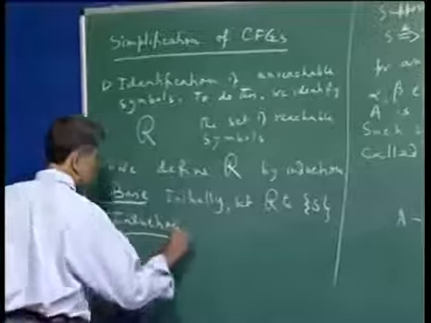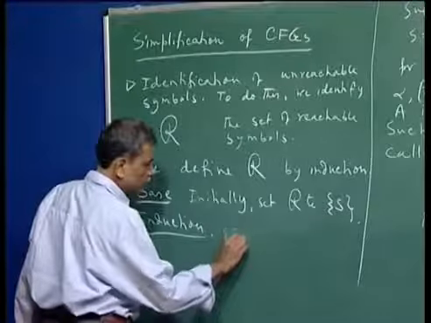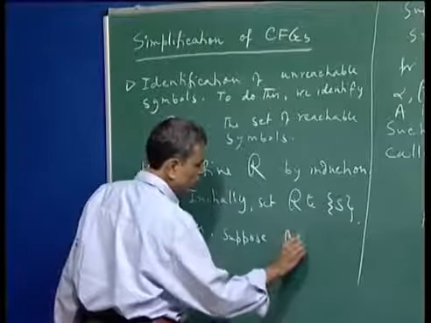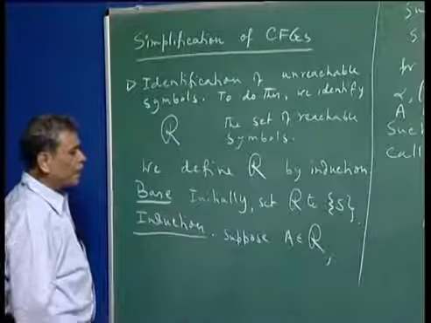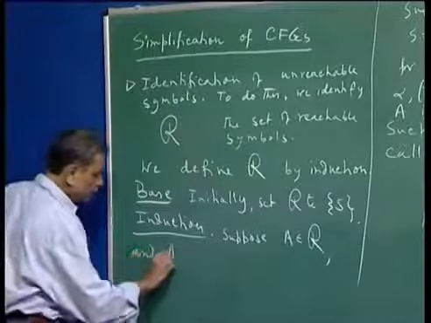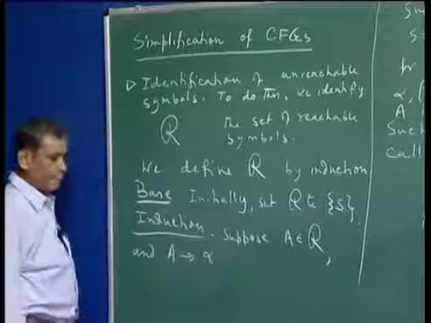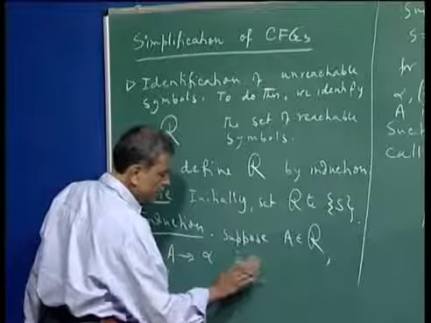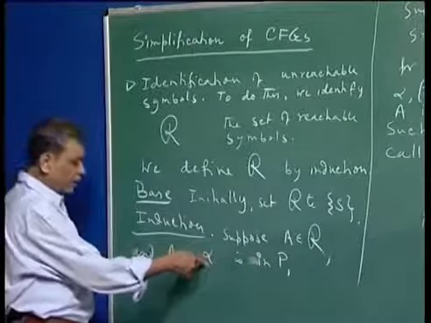So, induction step is that suppose A is an element of R, the set built so far, and A goes to alpha is a production, is in P, then every symbol in alpha is also reachable.